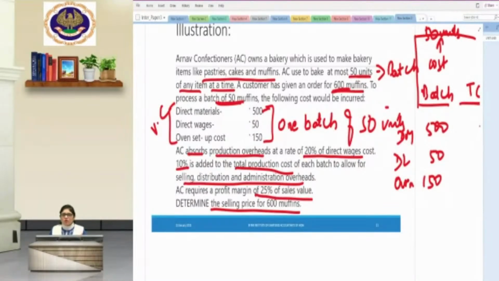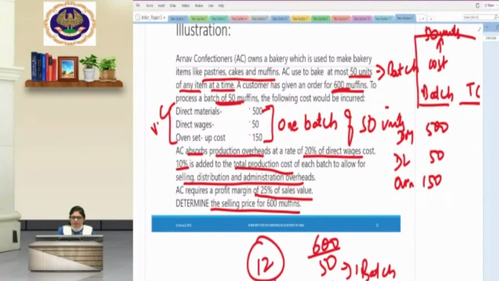Now, first of all, you have to calculate how many batches you have to run. If 50 units in one batch and you have to produce 600 units, how many batches? 600 divided by 50. You are going to run 12 batches. All right. So 500 is the cost for one batch. How much is the cost for 12 batches? Clear? This cost is for one batch.